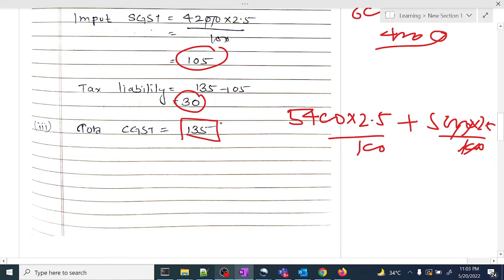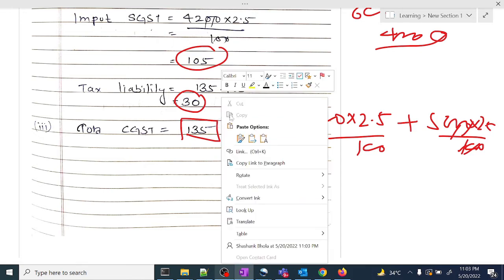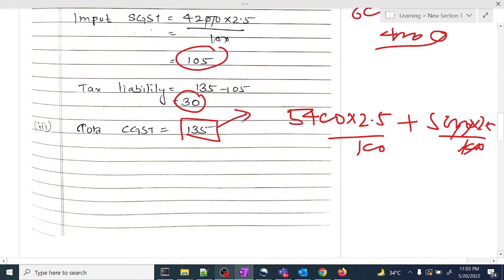In this, the dealer has already paid 105 rupees to the wholesaler, right? This also will go to the central government. The 30 rupees tax liability, this also the dealer will pay directly to the government. The 105 which the dealer paid to the wholesaler, ultimately the wholesaler will pay to the central government.